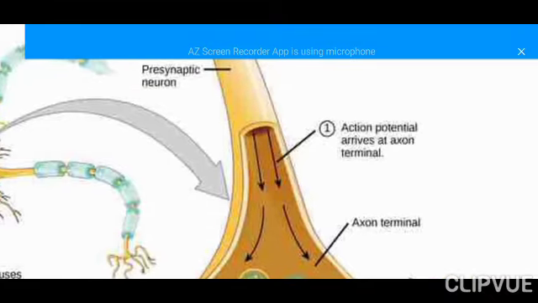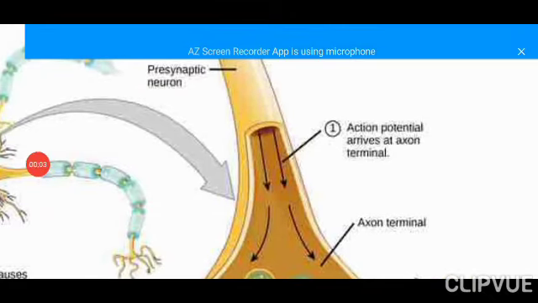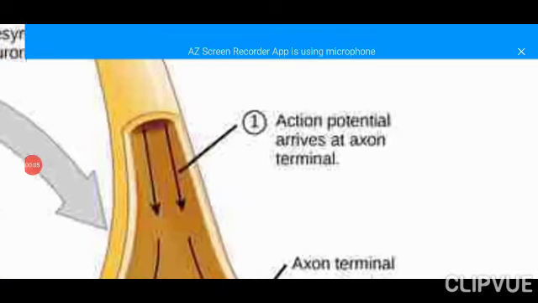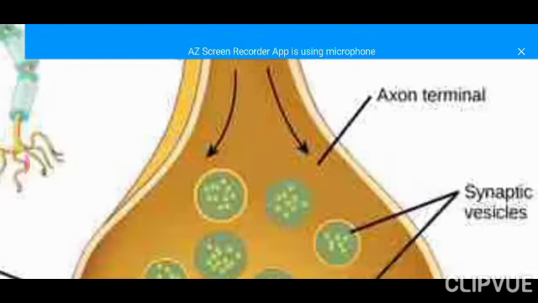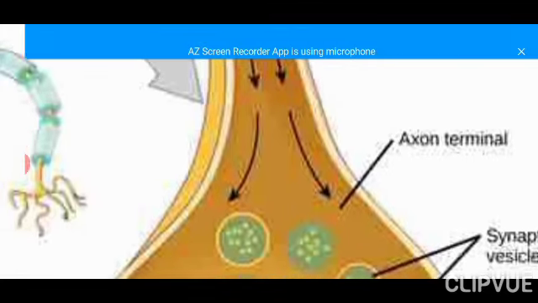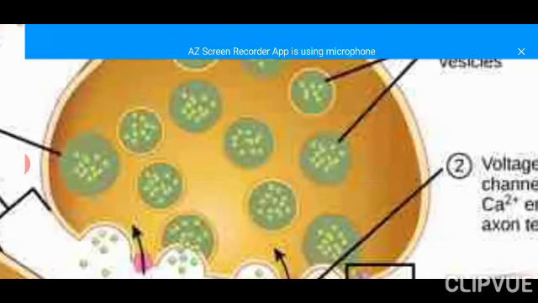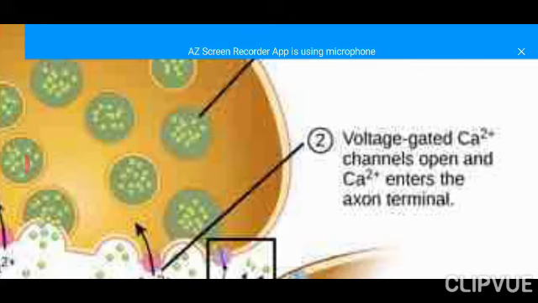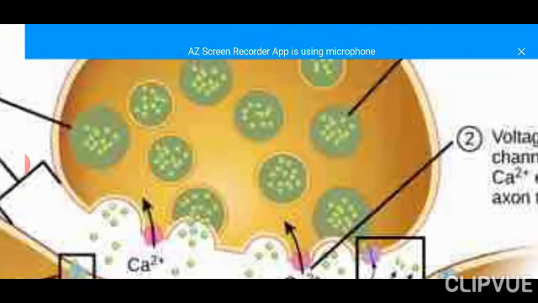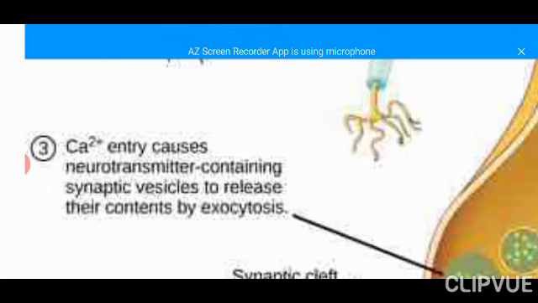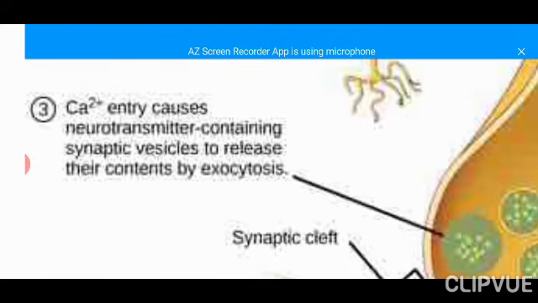We can summarize the 8 steps into 4. Number 1, arrival of action potential at the axon terminal, which is followed by opening of the calcium channel. We can combine opening of the calcium channel with influx of calcium into the presynaptic membrane. Then number 3 will be the release of the neurotransmitters. How?